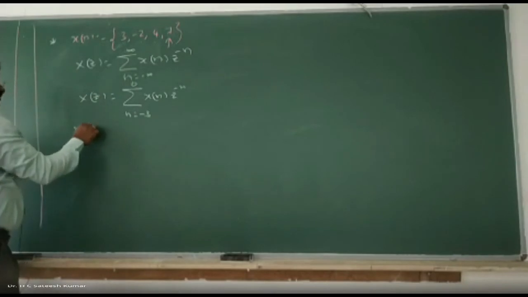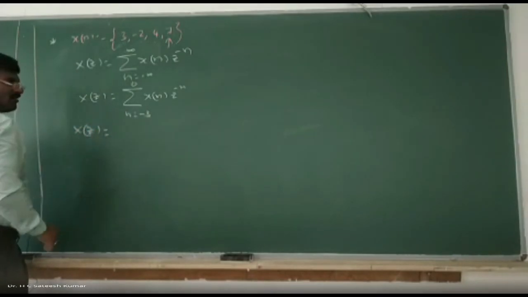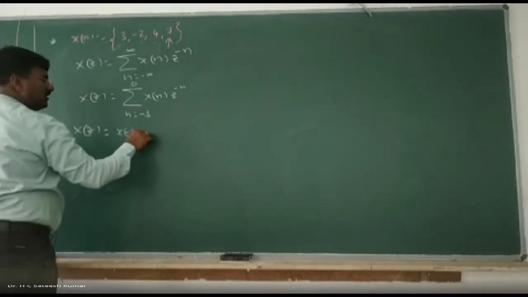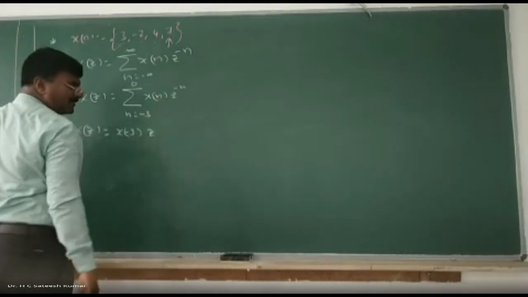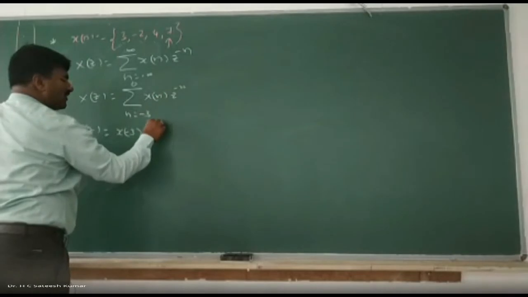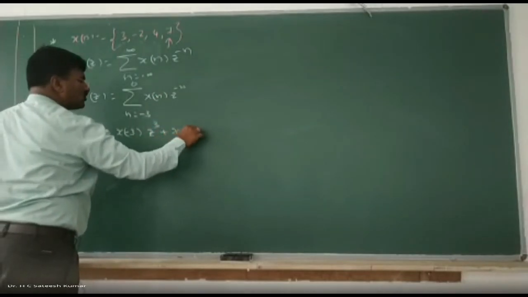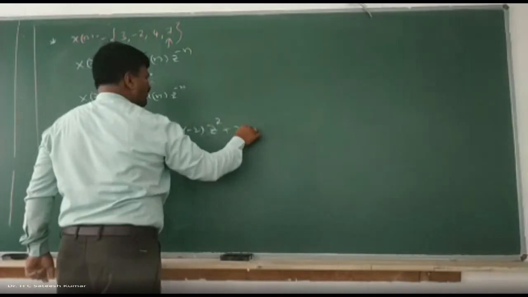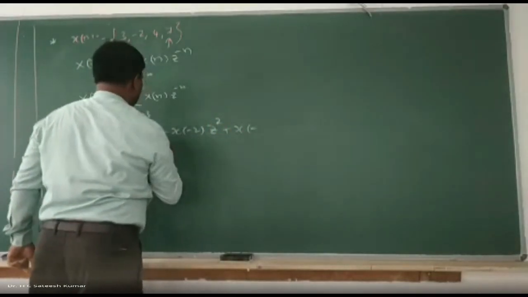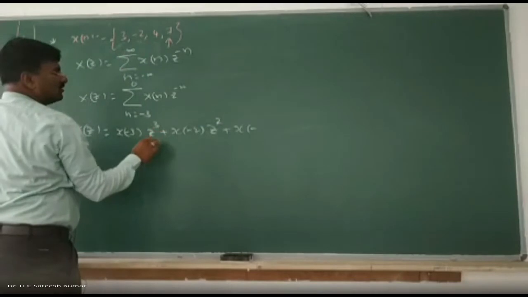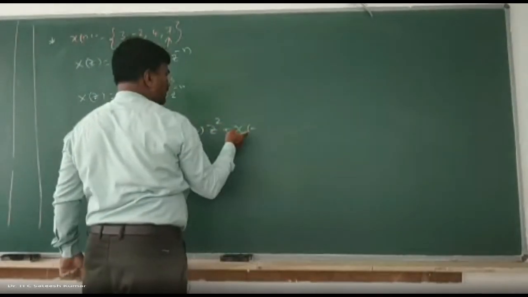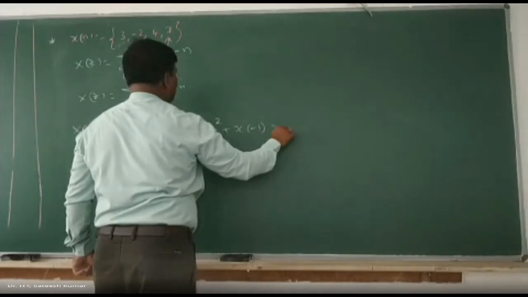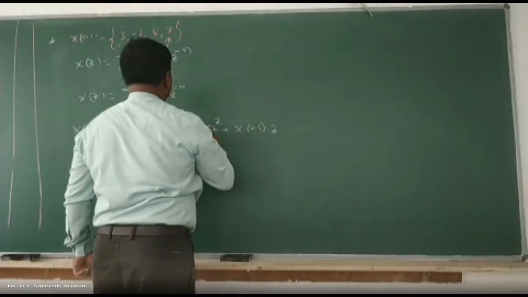X of z is equal to, substitute the values of n in the summation and add. X of minus 3 into z to the power of minus n, minus of minus 3 is plus 3. Plus x of minus 2 into z to the power of plus 2. Plus x of minus 1 into z to the power of 1.